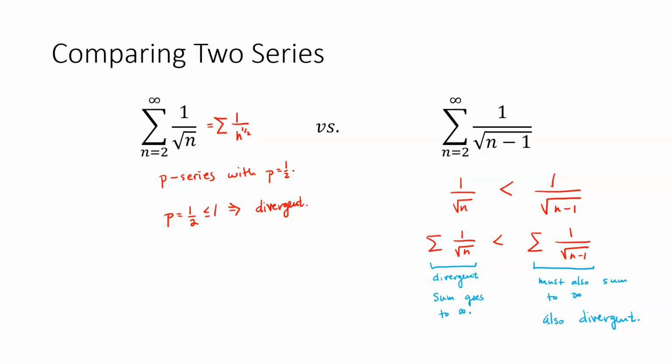Or like in the previous example, we saw that the terms were smaller than the terms of a series we knew was convergent, and so that series must also converge. Okay, so the direction that this inequality symbol is going is actually very important here. If the inequality symbol were going the other direction, we wouldn't be able to make the same argument.